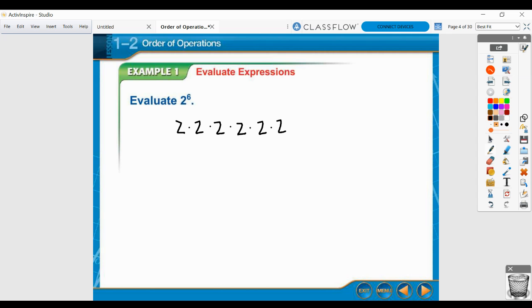You can also just do that in your calculator. If I write that out, you would do 2 and then the little caret button, 6. So if you would do that, that comes out to be 64.